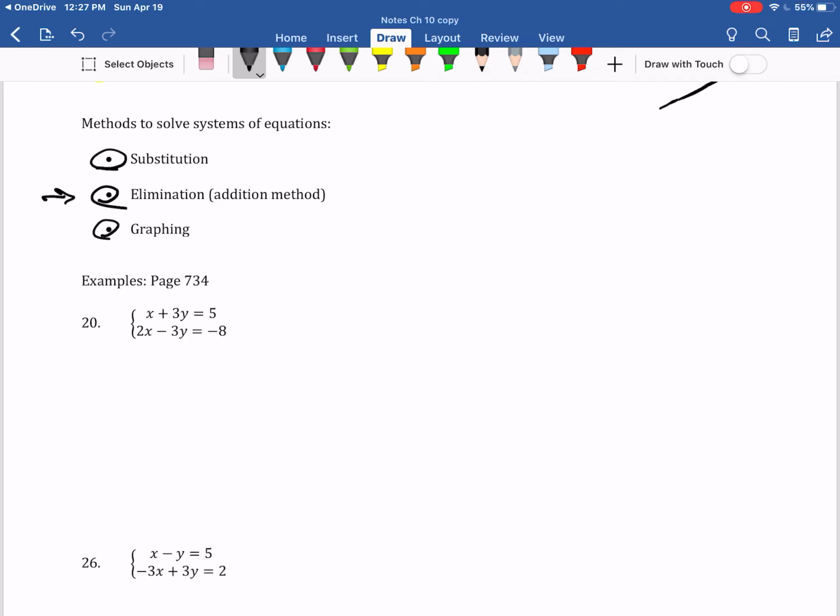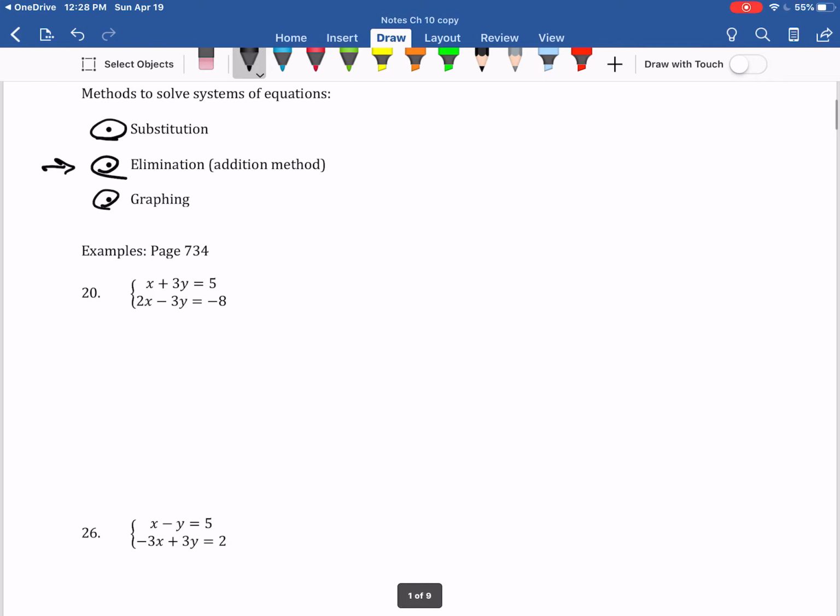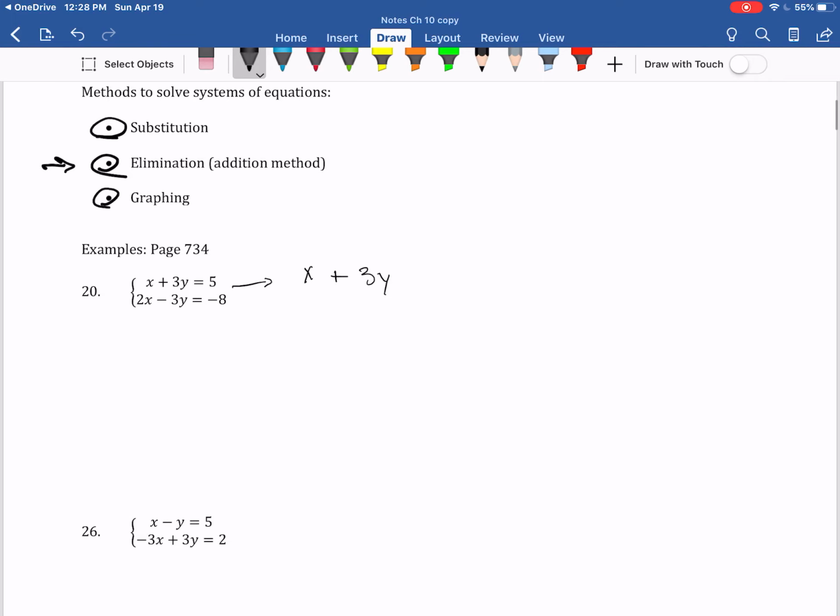I'm going to write this out for you so you can understand exactly how this is operating. So x plus 3y equals 5, and 2x minus 3y equals negative 8. There's my equal sign, where I'm going to be adding my like terms together from top to bottom. So we get 3x, we get 0y, so let's just leave that off, equals 5 plus negative 8, which gives you negative 3.